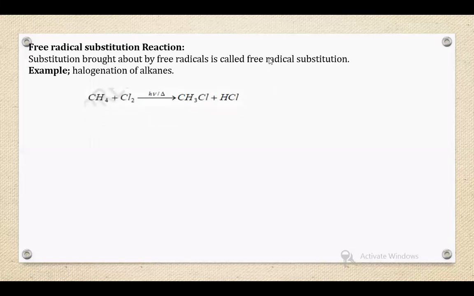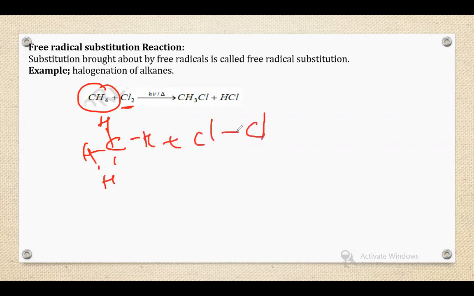Example, CH4 methane with chlorine, Cl2. The carbon has hydrogens. If one hydrogen is replaced by one chlorine and the other chlorine combines with hydrogen, it will form methyl chloride and hydrochloric acid.